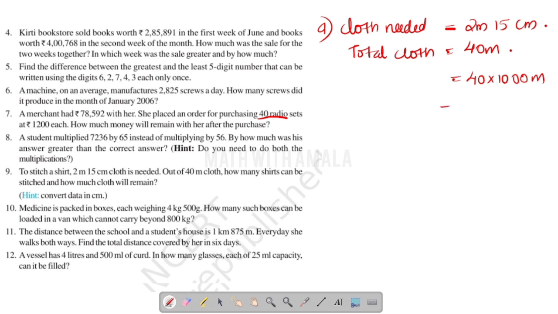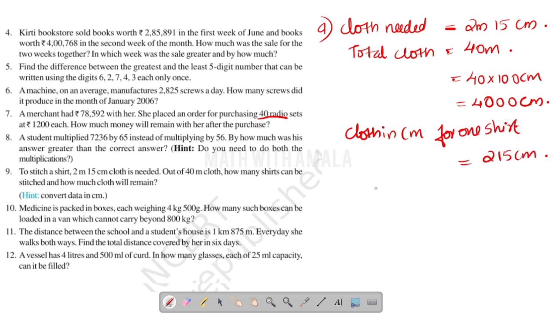So that is 40 into 100 centimeter, which will be 4000 centimeter. So how much cloth is needed for one shirt? 215 centimeter. So the cloth for one shirt is 215 centimeter.